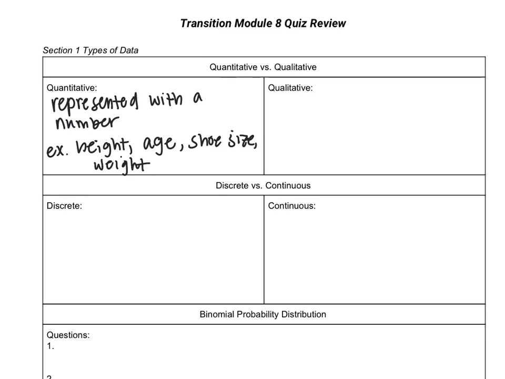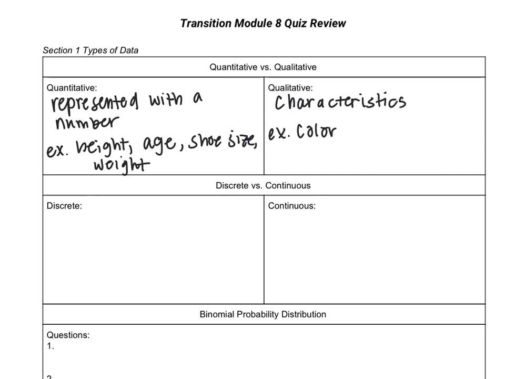On the other side of things, we have qualitative. And qualitative data is something that describes characteristics. Okay. So examples of some qualitative data are color, and that's color of just about anything.